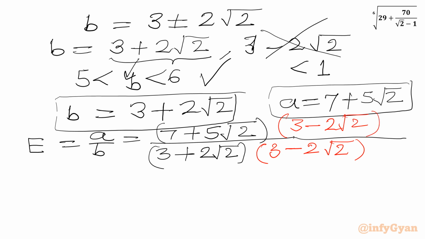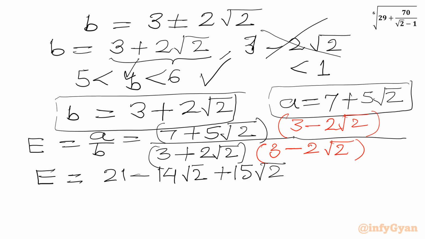So we will write expression E equal to 7 times 3, 21, minus 7 times 2 root 2, 14 root 2, 5 root 2 times 3, 15 root 2, 5 root 2 times minus 2 root 2. So this will give us minus 20, over a plus b times a minus b.